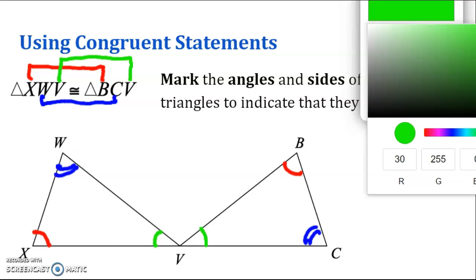Now, which is the corresponding side? Well, the easiest way is to think about the one that is opposite this green arc. The side length that is opposite that green angle is this one.